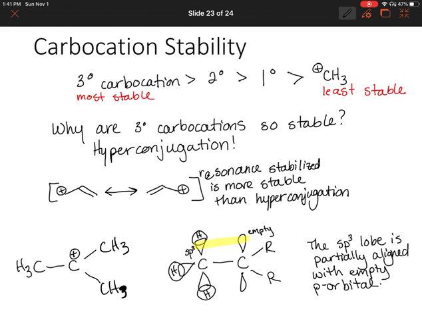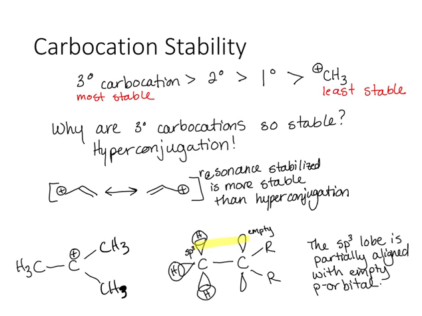And that's why tertiary carbocations are more stable than secondary carbocations or primary carbocations, etc. So it has to do with that sp3 lobe that's partially aligned with the empty p orbital.